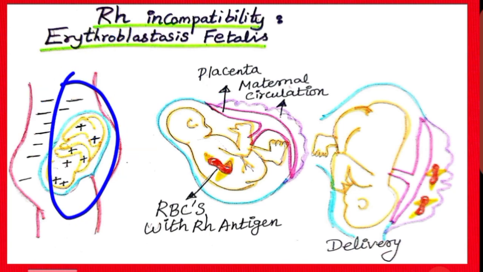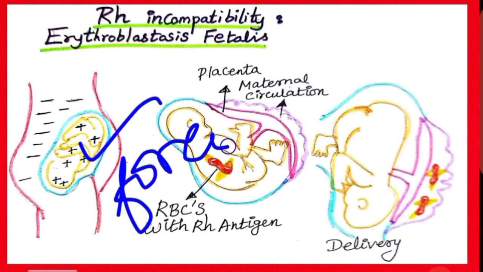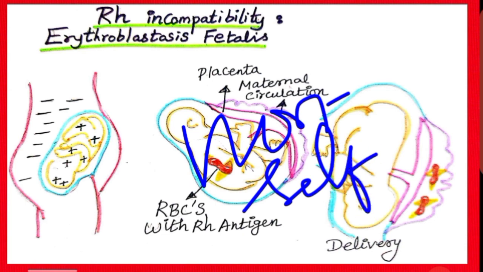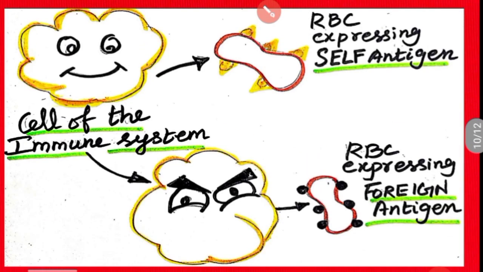So the RH antigen of the child is treated as a foreign antigen or non-self antigen by the mother's system. As we know, the cells of our immune system can differentiate self and non-self antigen, right?